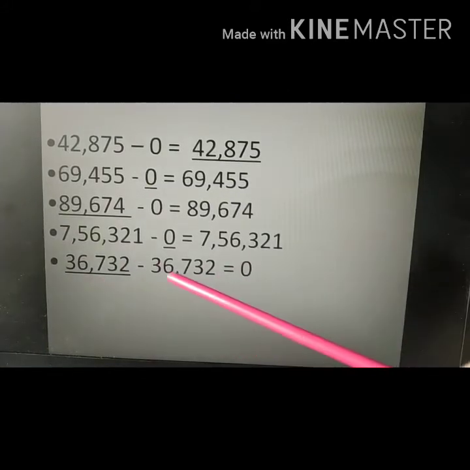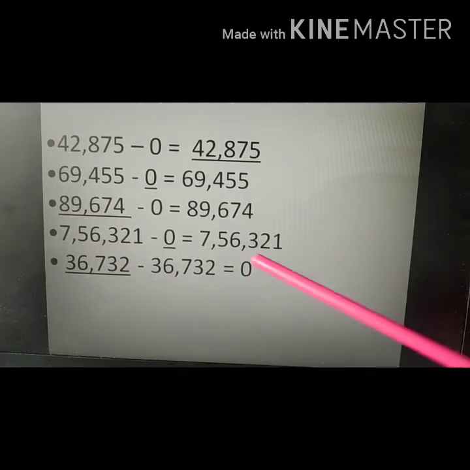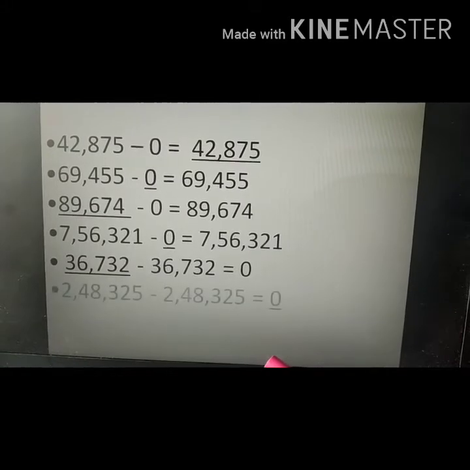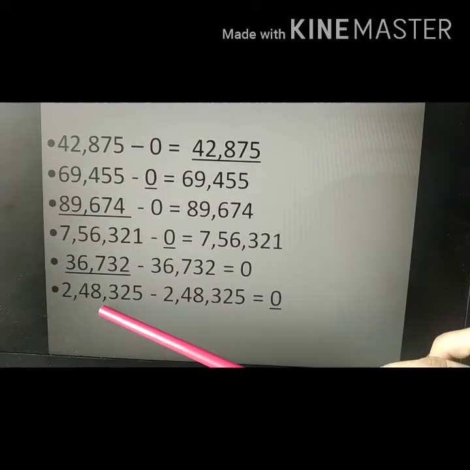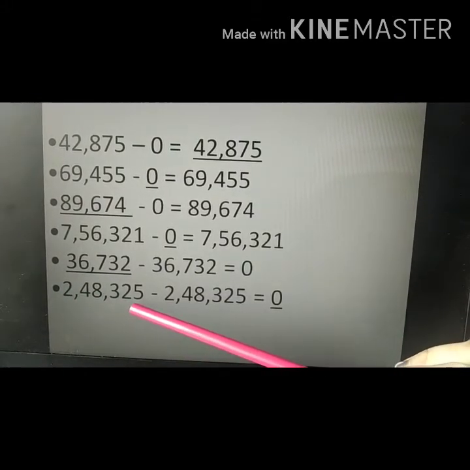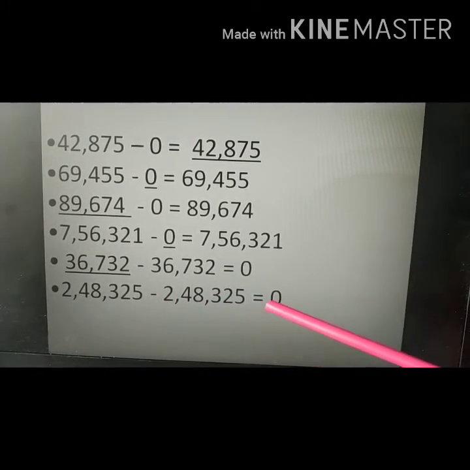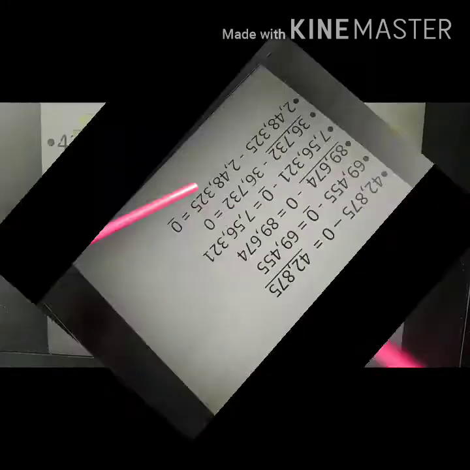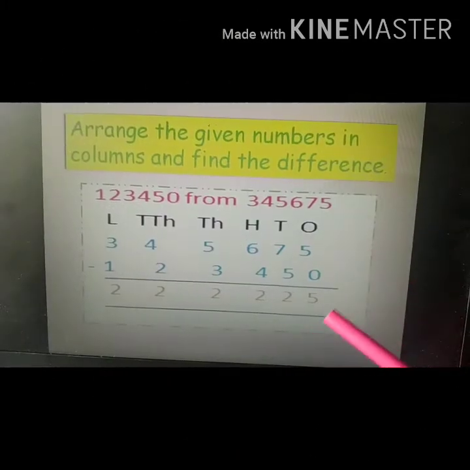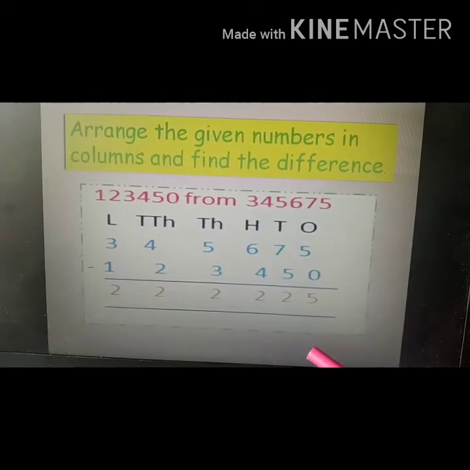Means when we subtract the same numbers, we get 0 as a difference. Next is 2,48,325 minus 2,48,325 is equal to dash. Dash will be 0 because we subtract the same numbers. These are the properties of subtraction.